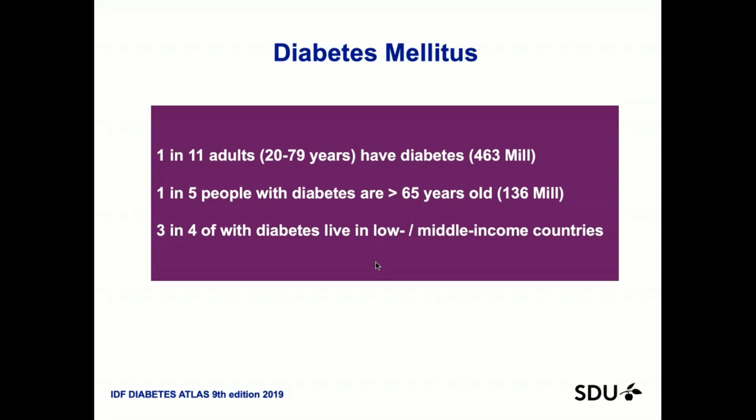Diabetes is a major public health problem that is approaching epidemic proportions globally. Worldwide, the prevalence of the chronic disease is increasing at an alarming rate. For instance, 1 in 11 adults have diabetes. 1 in 5 people with diabetes are above 65 years old. 3 in 4 with diabetes live in low and middle income countries.